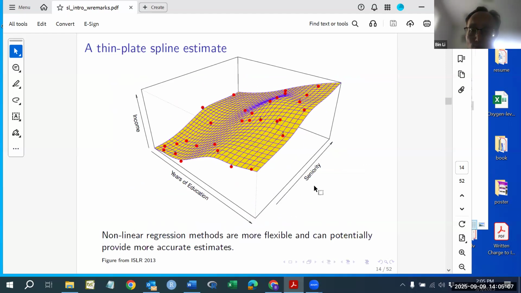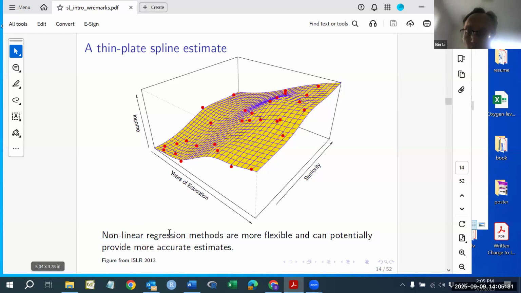But this one is called a thin plate spline estimate, which is a non-parametric approach in statistical modeling. And we will talk about splines in about one or two weeks.